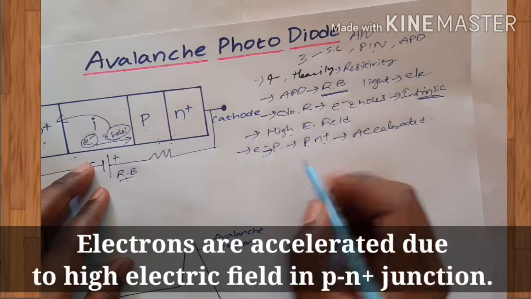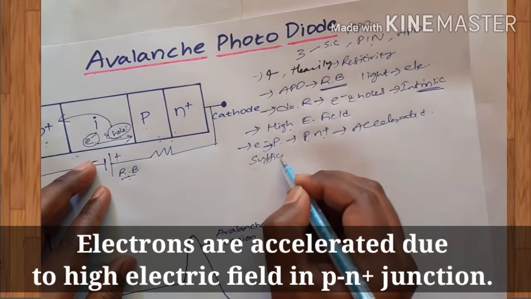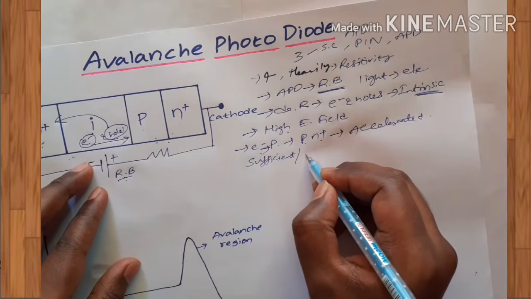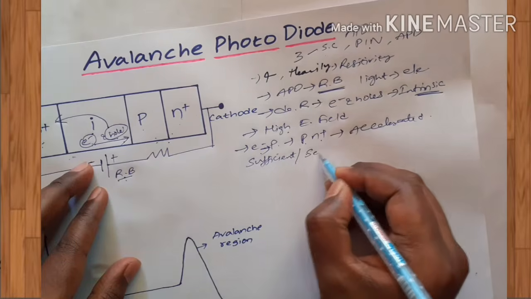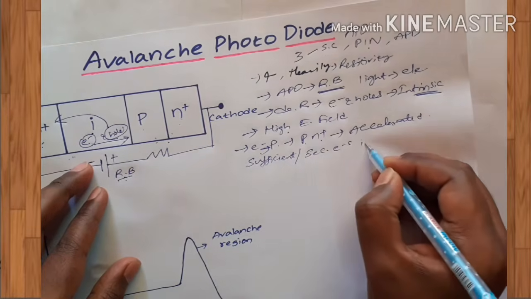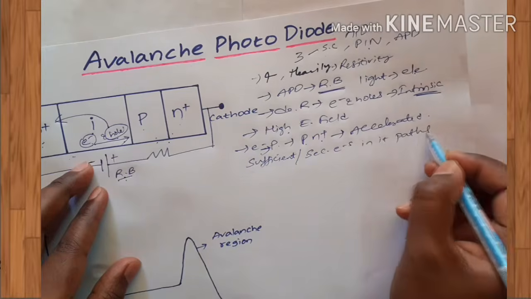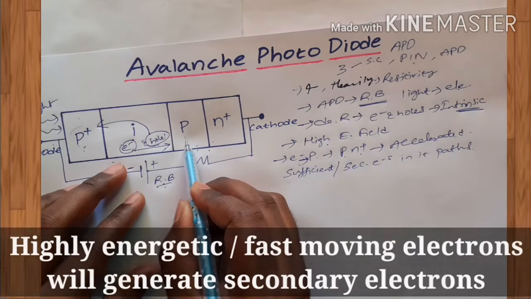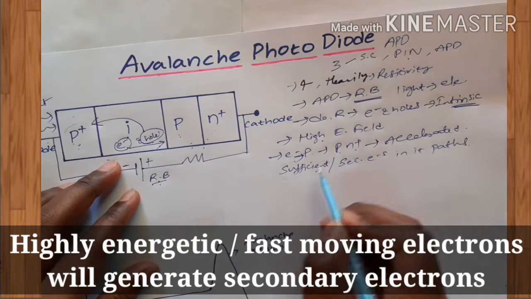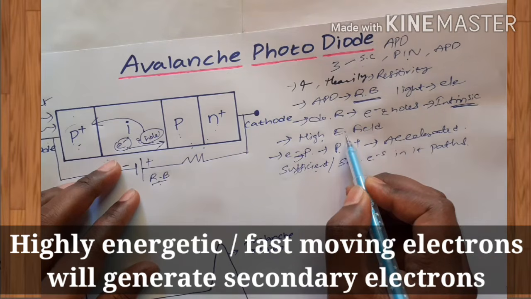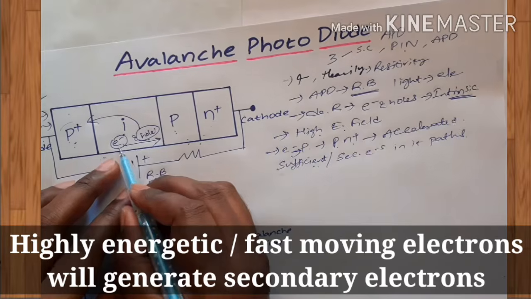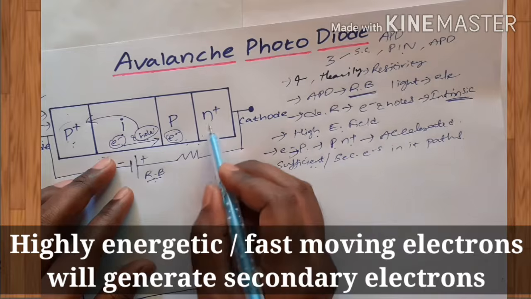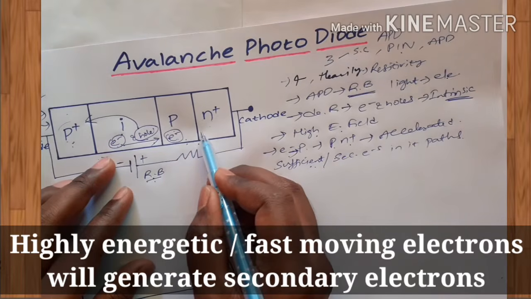and they get sufficient energy to liberate or emit secondary electrons in their path. That means the electrons drifted towards the P region gain sufficiently high kinetic energy due to this electric field, and they collide with the atoms present in this region and give their energy to those atoms.